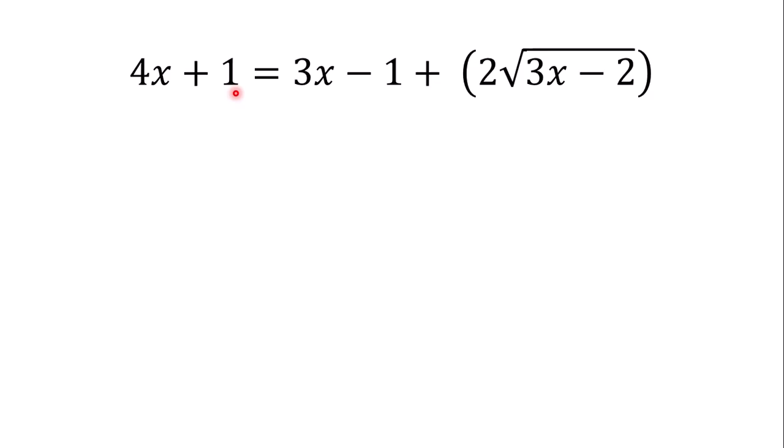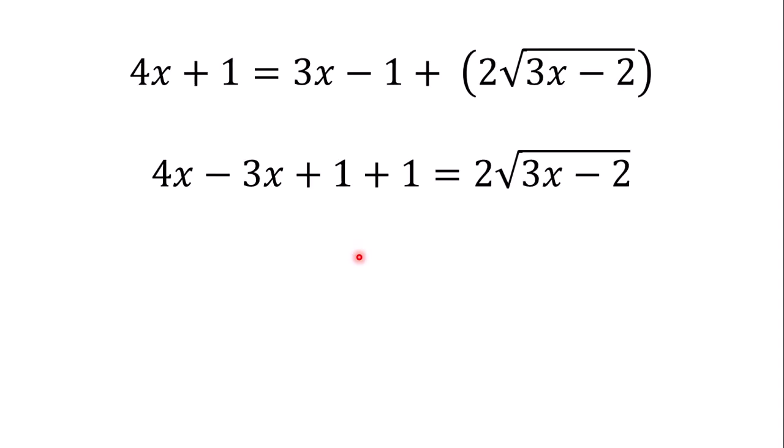Plus 1 on this side, and it will be equal to this. All right, so 4x minus 3x will give us what? x. 1 plus 1 will give us what? 2. And it's equal to this, right?